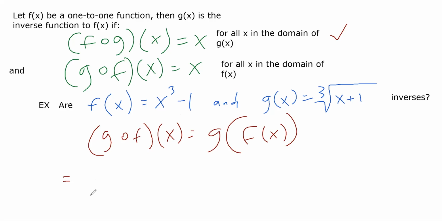So the overarching function is going to be the cube root of, then we plug in this business here, x cubed minus 1, and then we're adding 1 onto there.